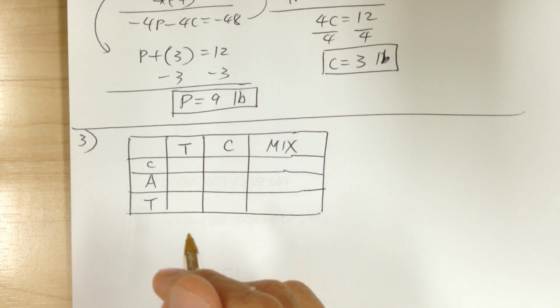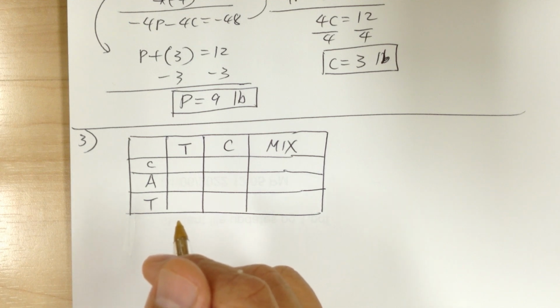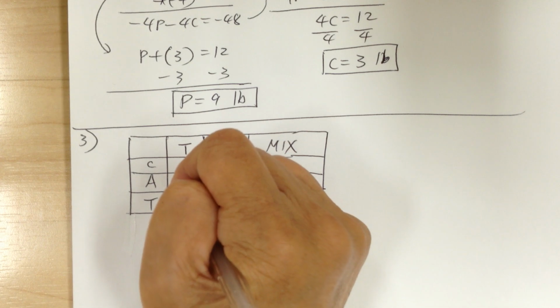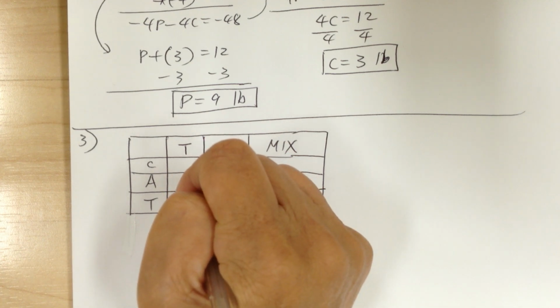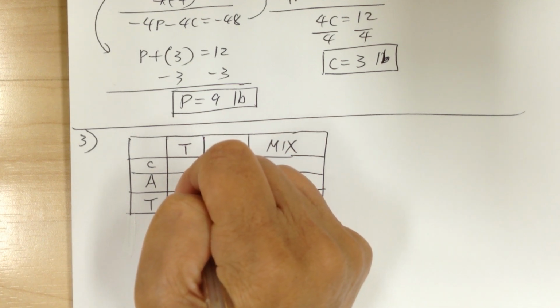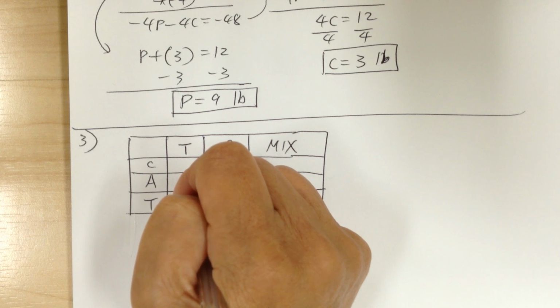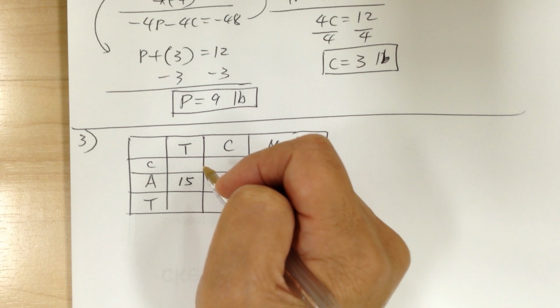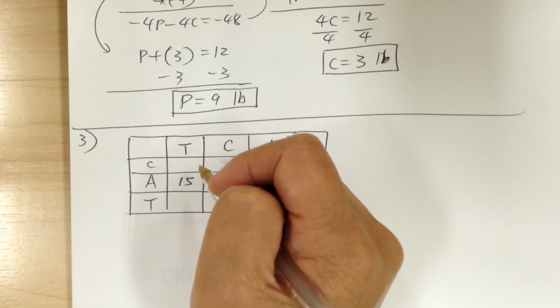So Mrs. Martinez mixed 15 pounds. So 15 pounds of toffee. So 15 is over here. Okay.